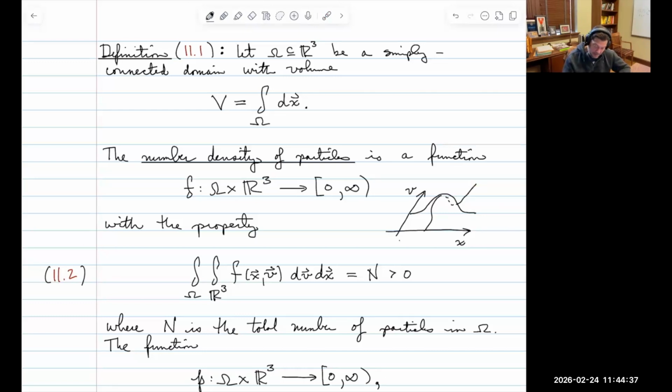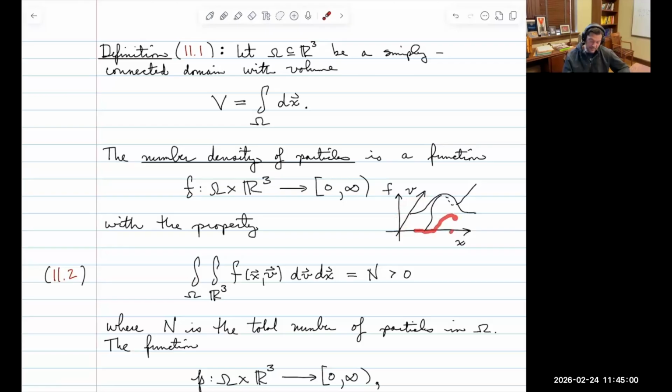So we can think about particles being clustered in certain parts of the domain. Maybe all the particles are over near this wall, and so that would be the case where the function would have a peak there. Or maybe it's over in this location.